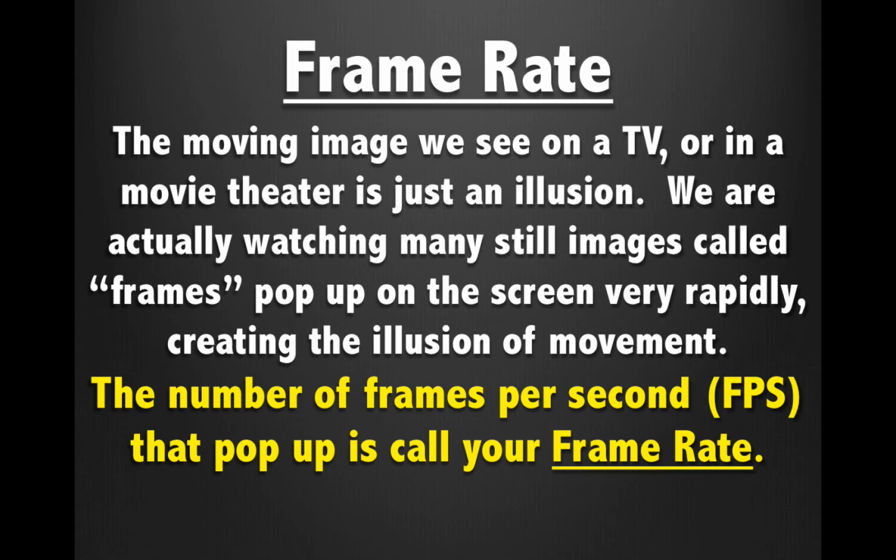It's just like a flip book. Have you ever done a flip book where you take 10 or 15 pages, and you draw a circle on one page, and then on each piece of paper you draw the circle a little bit farther across the page, and when you flip all the pages, it looks like the ball is rolling across the paper? That's the same exact principle that all television and movie film runs on. The number of frames per second that pop up on the screen is called your frame rate.